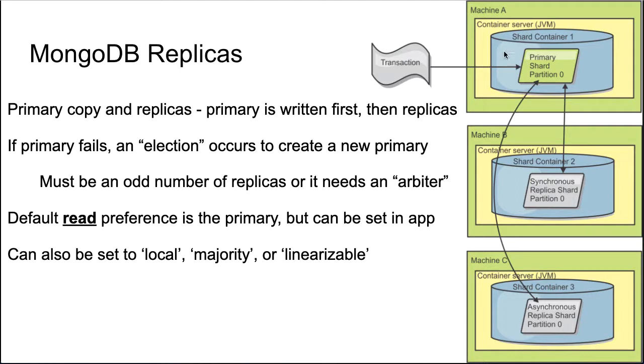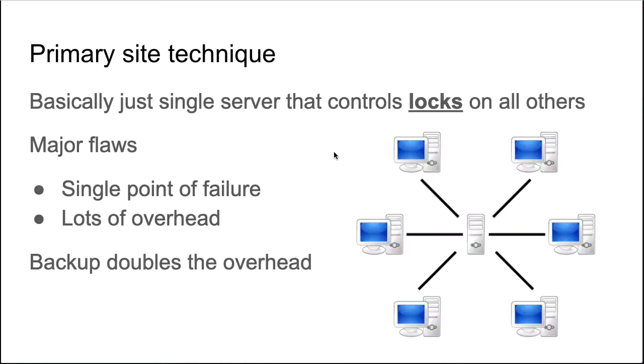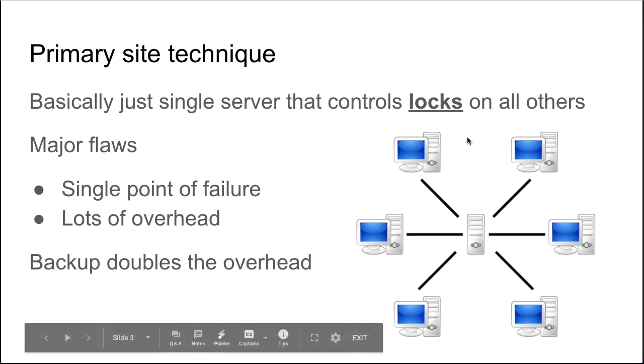If the primary fails, what they do is they have an election, and this is all obviously in software. They don't sit there and wait for humans to do this. But they, depending on the algorithm they're using, create a new primary, right? So if this guy goes down, in this case, there's 6.